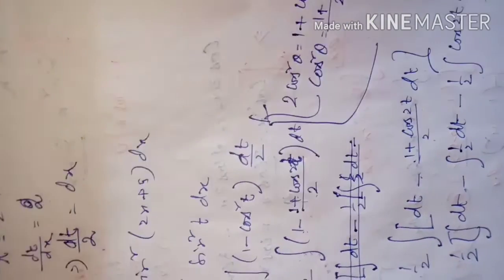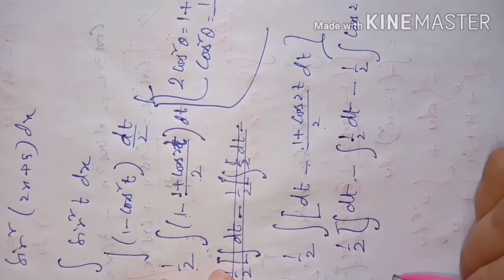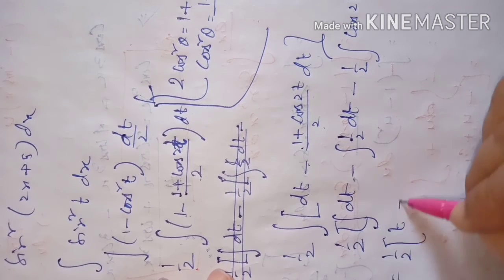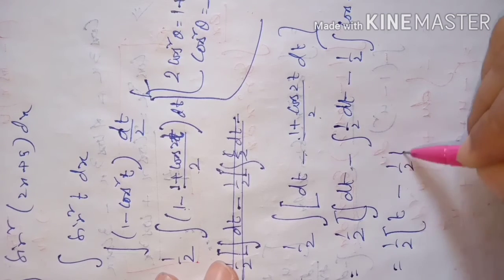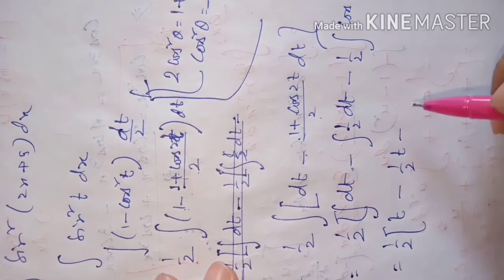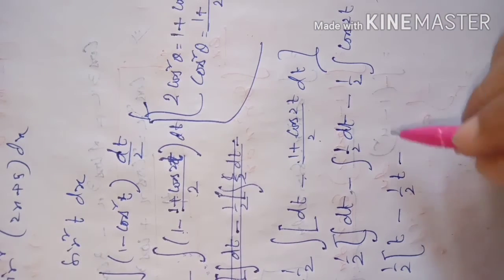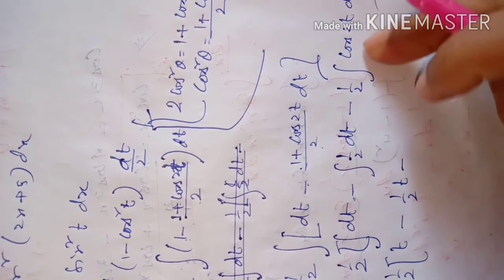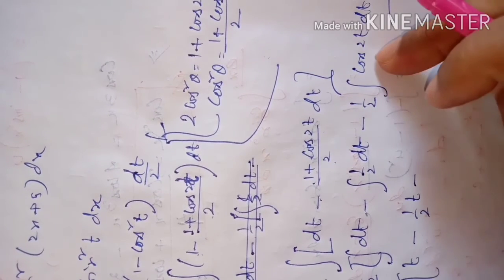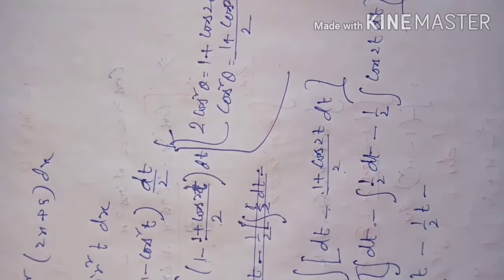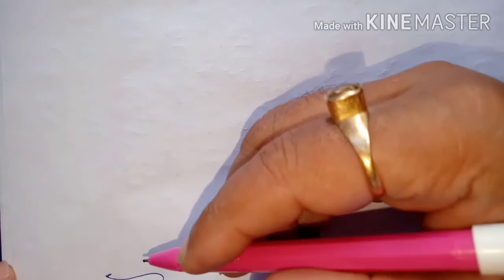Now, dear students, let us take the integration. As you know, integration of dt is t, so it will be half into t minus half into t, and then the constants c1, c2, c3, which altogether you can write as one constant c. This part I am showing you separately: integration of cos twice t dt. Whenever integration of cos twice t, sin twice t, or sin twice x, cos twice x like that comes, you have to think this way.